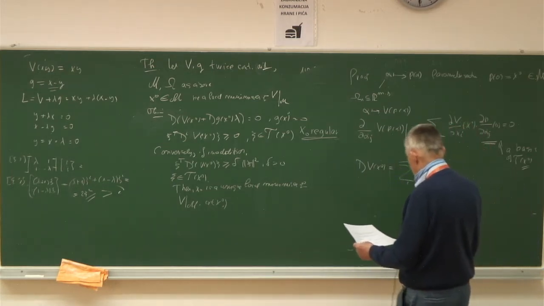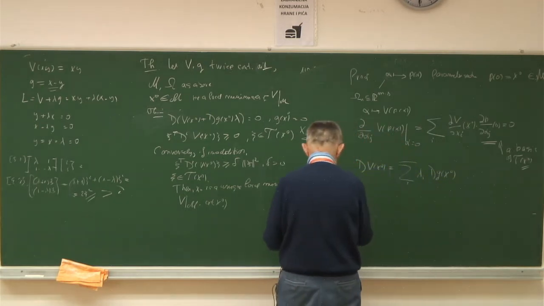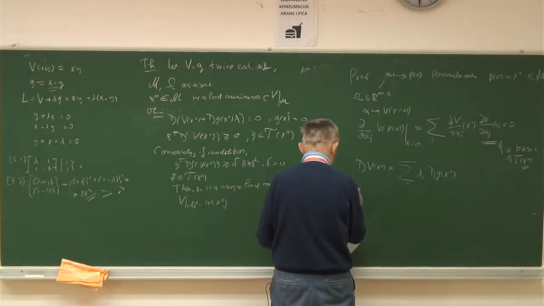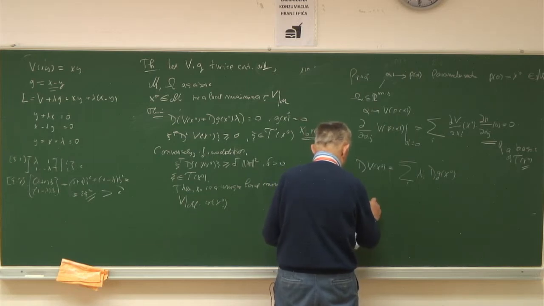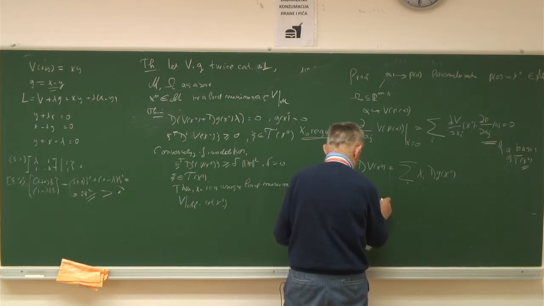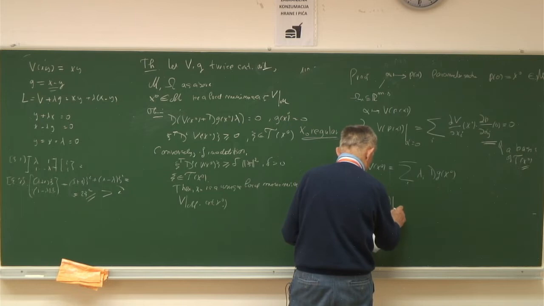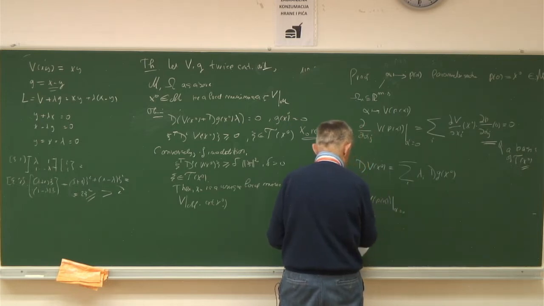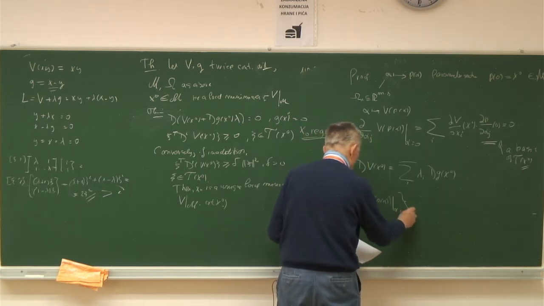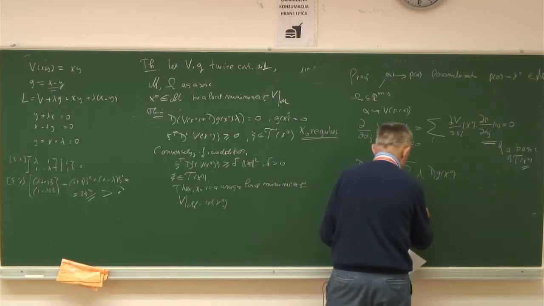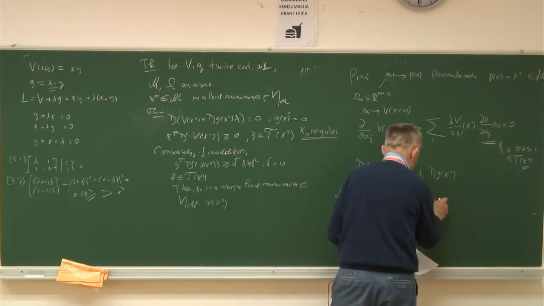And we know that the matrix of second derivatives d alpha j d alpha k of v of P of alpha, taken at alpha equal to 0, should be positive semi-definite.